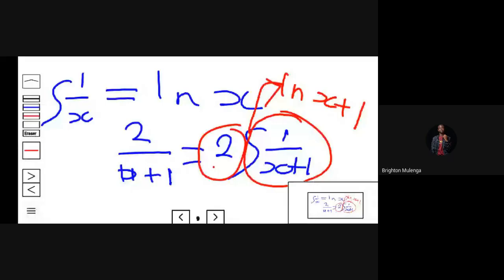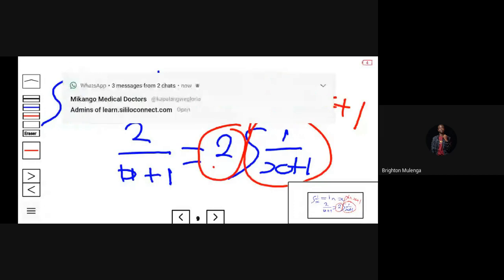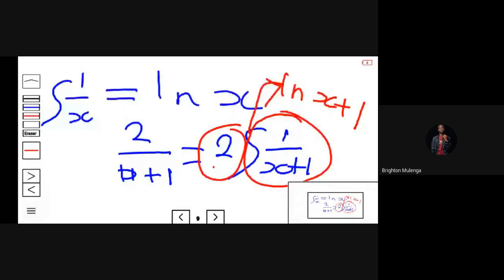Doc Isaac, I don't know if it's just me, but on my part you are breaking. Okay, to help Doc Lumino there, it just depends on the values that you have. For example, in our case, if we had 2 over x plus 1, what Doc Isaac was trying to say was we just factorize the 2 there.